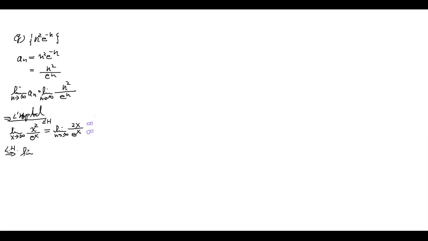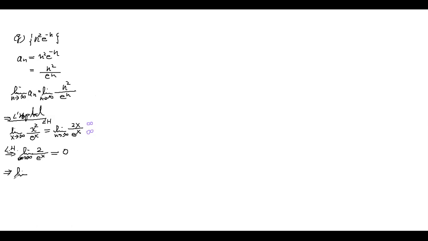So this will be the limit as x approaches infinity. The derivative of 2x is 2, and the derivative of e^x is e^x. When x approaches infinity, the bottom becomes infinity, so the whole fraction becomes zero.